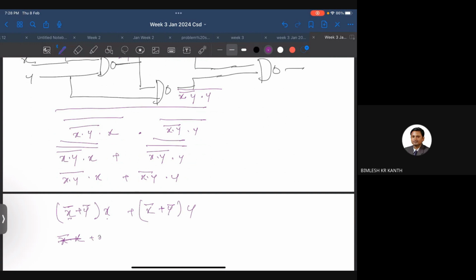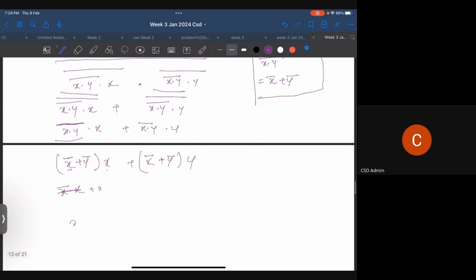By De Morgan's law: X dot Y bar is X bar plus Y bar, correct? Part-wise, this is the expression we have, X dot Y bar dot X plus X dot Y bar dot Y, so we can simplify it.